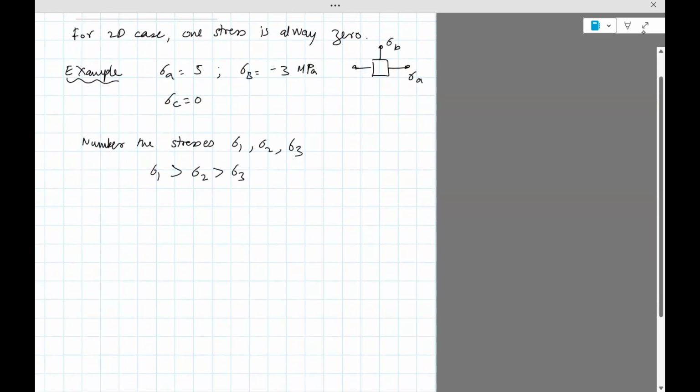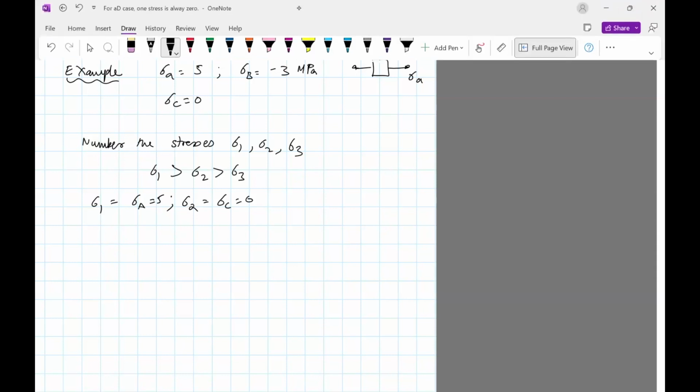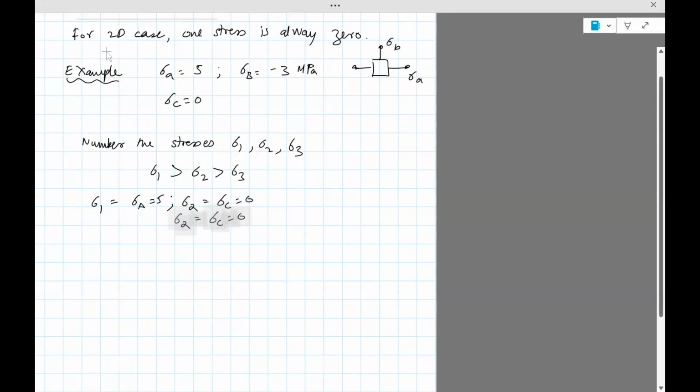So clearly, sigma 1 in this case is 5, or sigma 1 is sigma A. Sigma 2 is the next stress, so here it's going to be sigma C, which is 0. And then finally, the third stress, sigma 3, the least stress, is sigma B, which is minus 3.